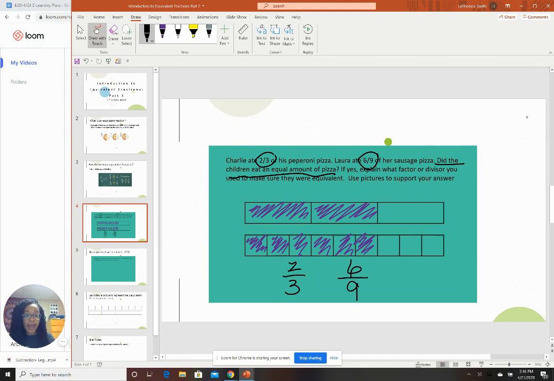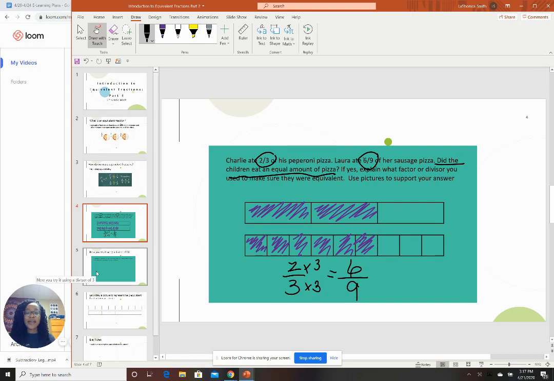Did I multiply? I see that my numbers are bigger, so I'm assuming that I multiplied. 2 times 3 equals 6. Whatever I do to the top, I have to do to the bottom. So I also multiply that by 3. 2 times 3 equals 6. 3 times 3 equals 9. So, explain what factor or divisor you used to make sure they were equivalent. I used the factor 3 to make sure 2/3 and 6/9 were equivalent, okay?